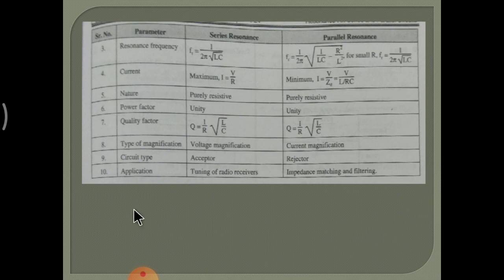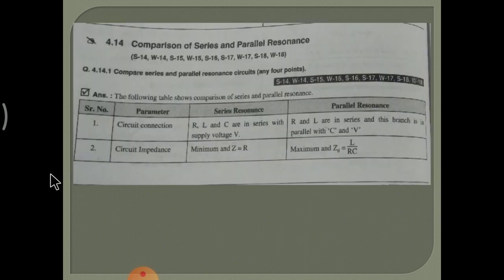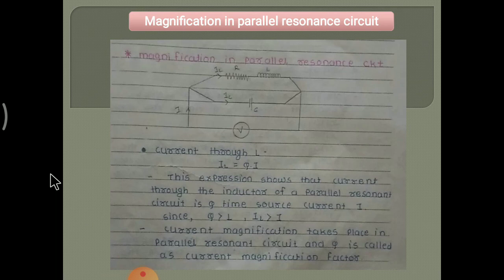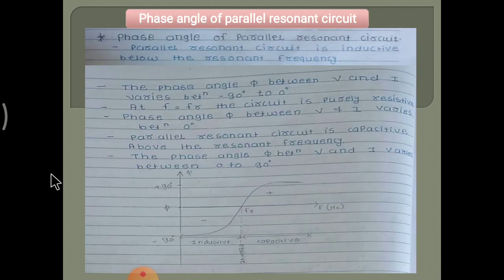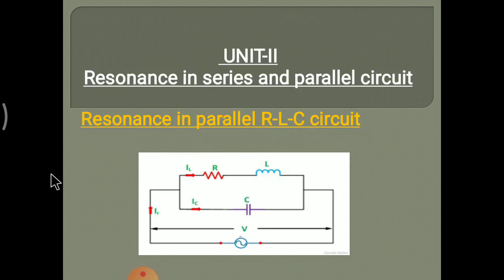So in this lecture we discussed the parallel resonance circuit, or totally series and parallel resonance circuit in this chapter. From the last lecture we discussed the parallel resonance circuit, and previous to this lecture we discussed the series resonance circuit.